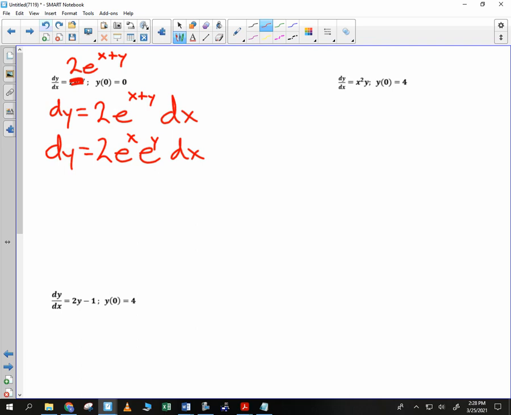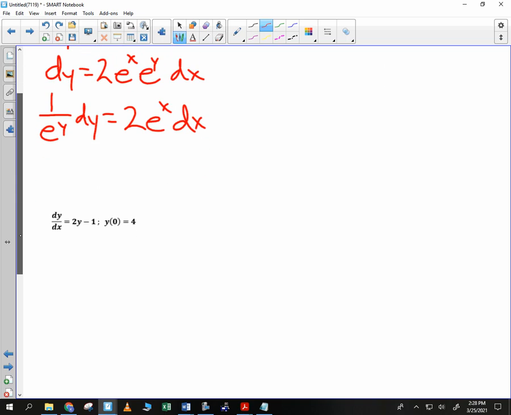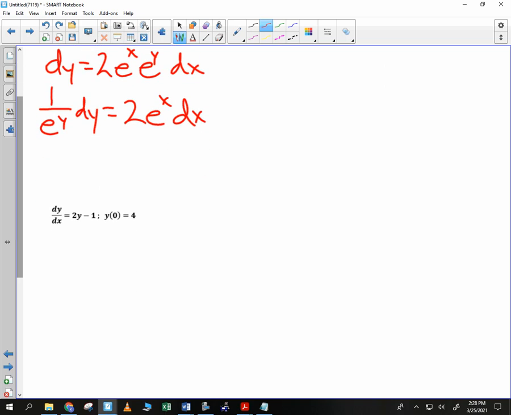Now I can get rid of that e to the y by dividing it over. And I get 1 over e to the y dy is equal to 2e to the x dx. Isn't 1 over e to the y the same as e to the negative y?